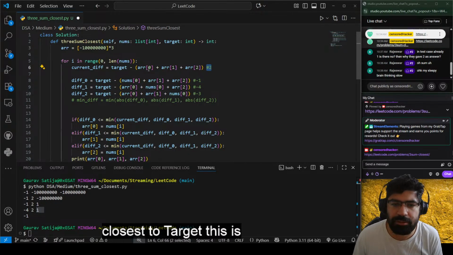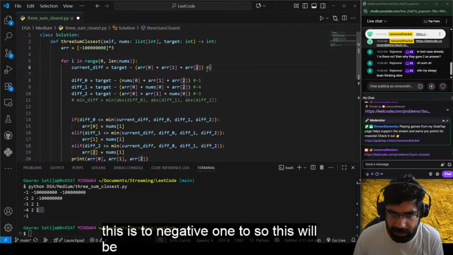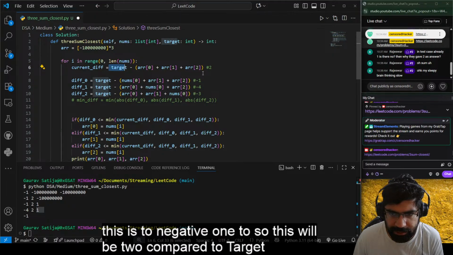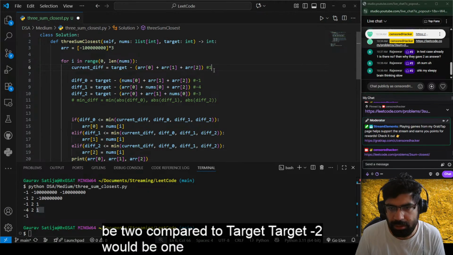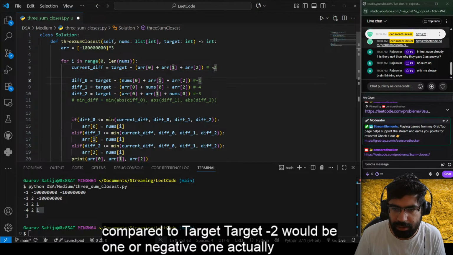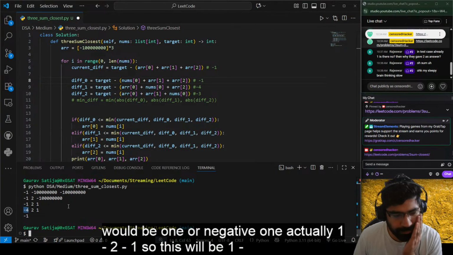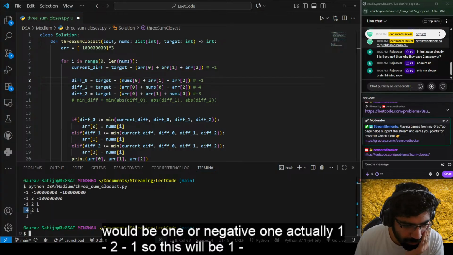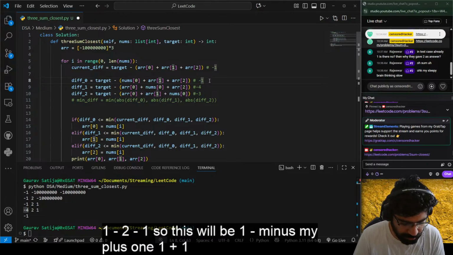This is 2, -1, 2, so this will be 2. Compared to target, target -2 would be 1. Or -1 actually. 1 minus 2, -1. So this will be 1 minus my plus 1. 1 plus 1, this becomes 2.